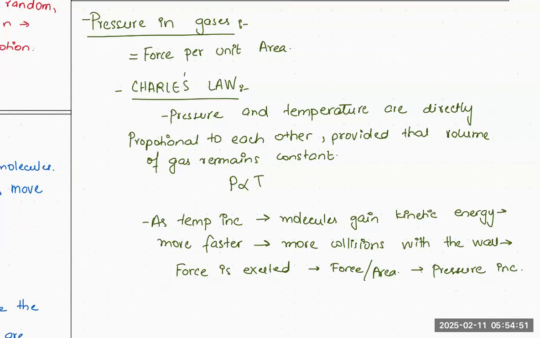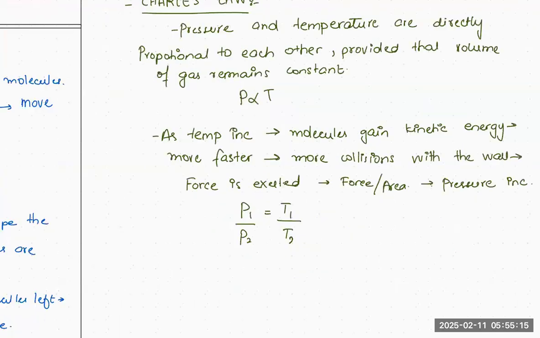And for this one, you can use a formula which is P1 divided by T1 is equal to P2 divided by T2. Okay, so P1 is pressure 1, divided by pressure 2, is equal to temperature 1 divided by temperature 2.